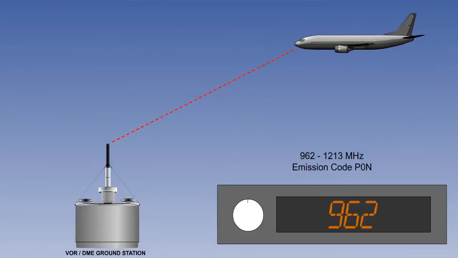DME has an emission code of P0N. Its operating frequencies are between 962 and 1213 MHz in the UHF band at 1 MHz spacing. This provides 252 channels.